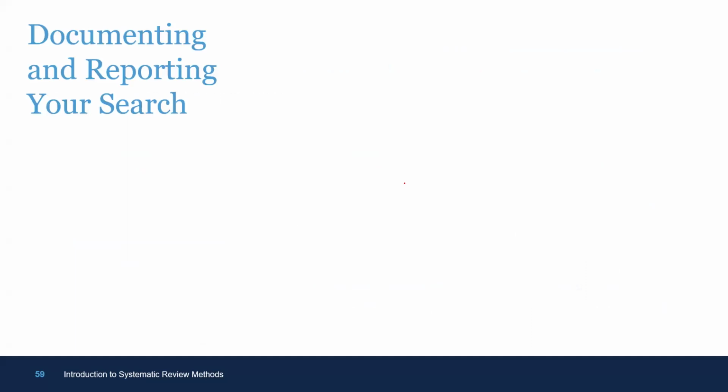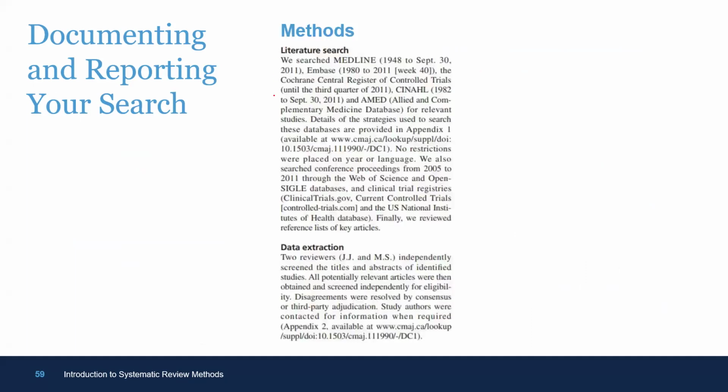To summarize, I am giving you documenting and reporting your search. I've given an example of how you can talk about your methods: we searched this database from this time to this time. You're trying to tell someone where you searched and from what time to what time.